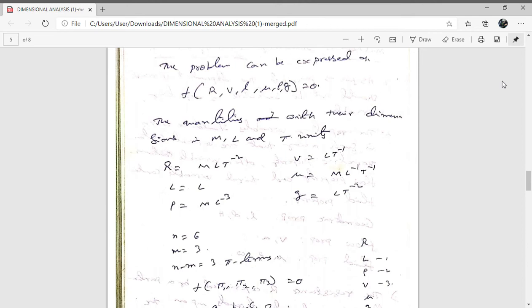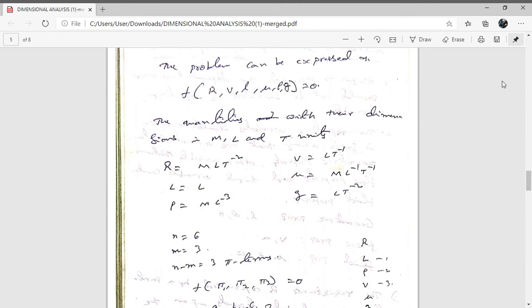Dynamic viscosity is M L to the power of minus 1 T to the power of minus 1. g is L T to the power of minus 2. You can remember these fundamental dimensions, or they will be available in the heat transfer data book. So from this problem, n equal to 6, and since we are using the MLT system, m equal to 3.